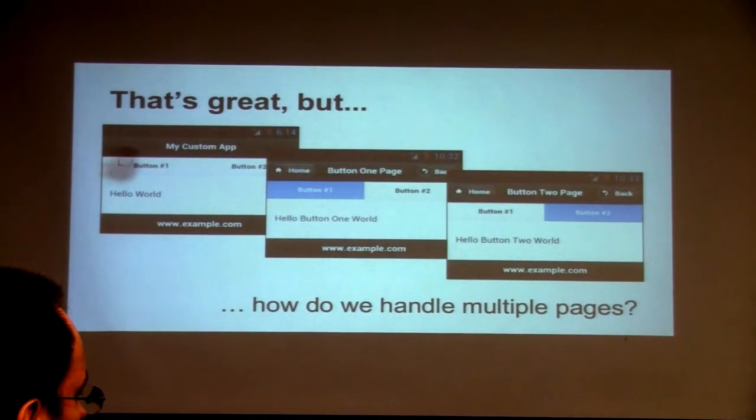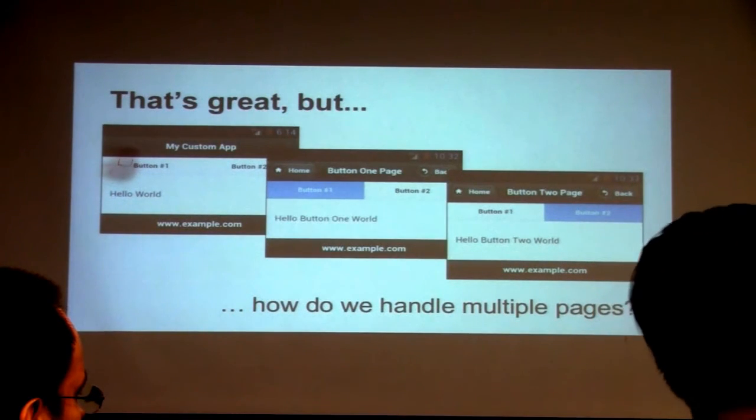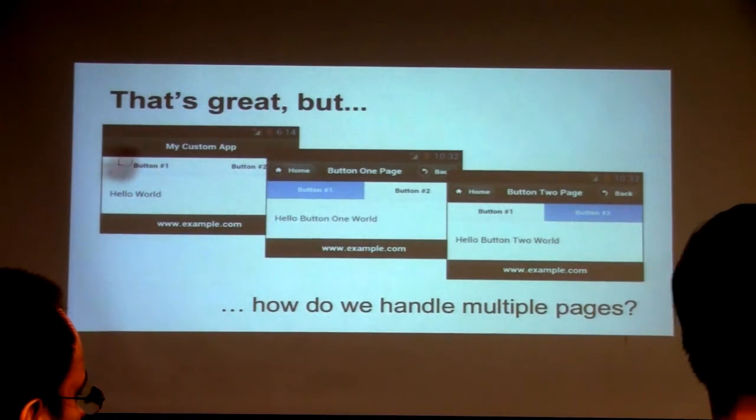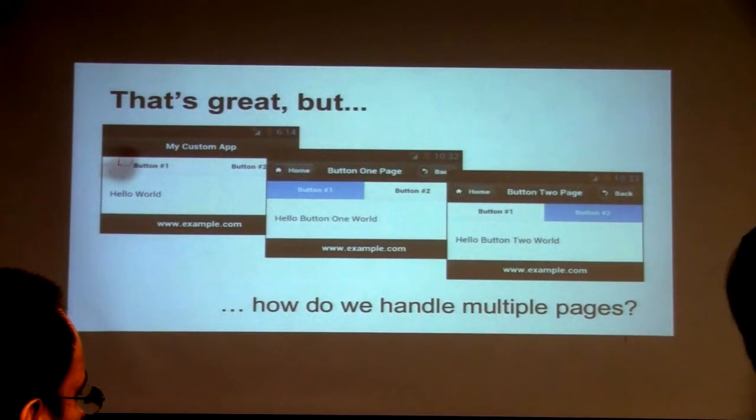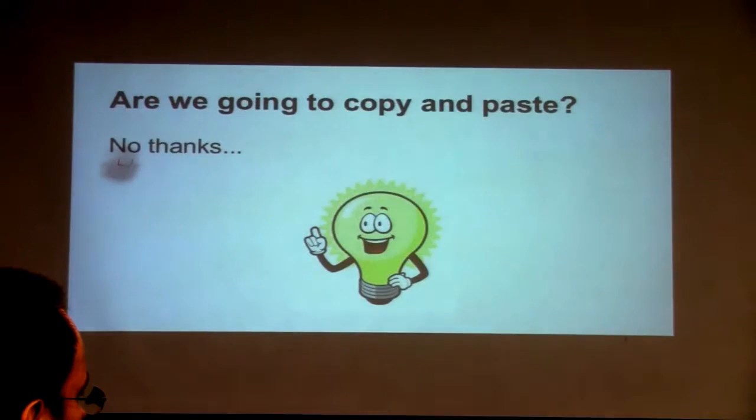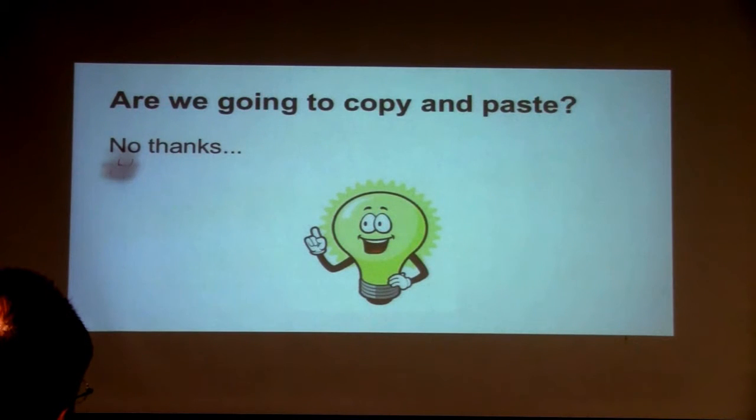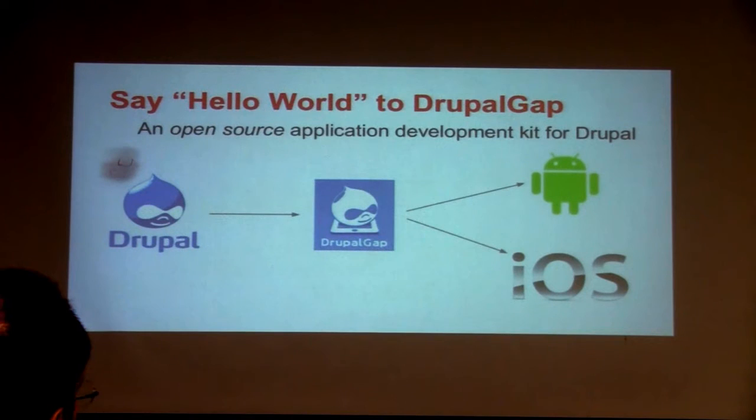There has to be something better out there. So not being so stubborn as I age a little bit, I actually did some research to see if there's any tools out there to make this possible for Drupal and helping with mobile app development. And not much was found.